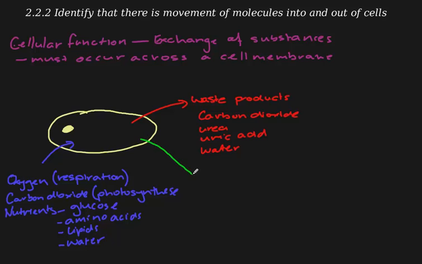Last thing is secretions. We'll show secretions in green. Sort of things that are secreted out of cells include mucus, hormones, and enzymes.